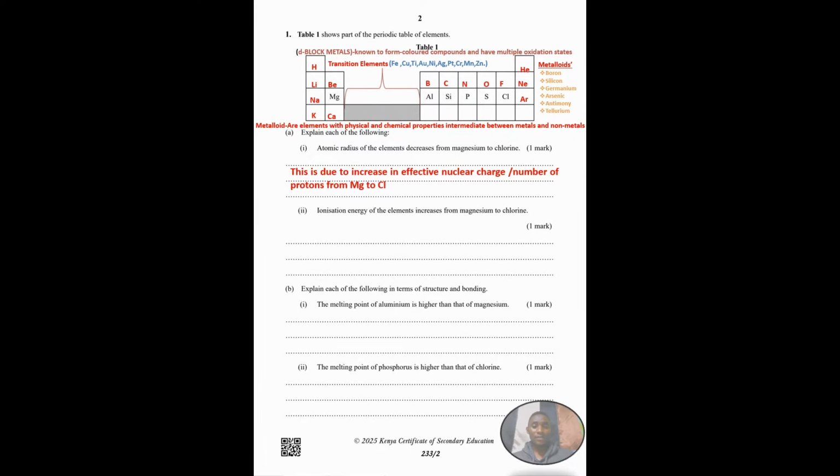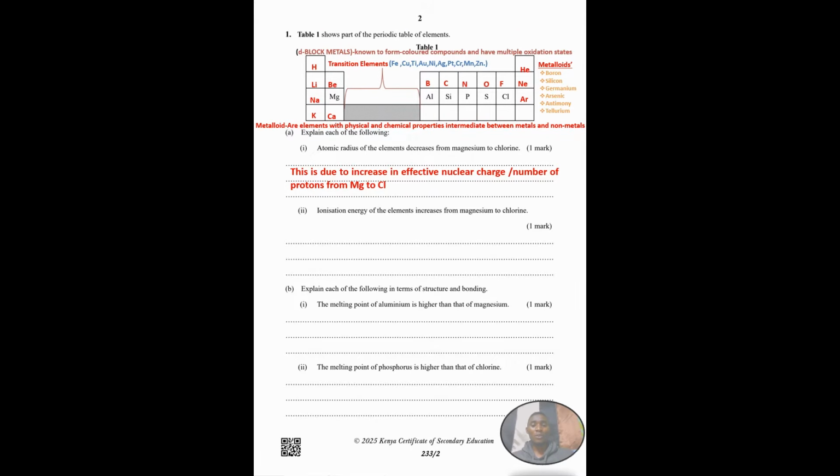Moving to the next question, Roman 2, the ionization energy of the elements increases from magnesium to chlorine. Remember, learners, ionization energy is the minimum amount of energy required by an element or atom to lose its outermost electron in gaseous form.